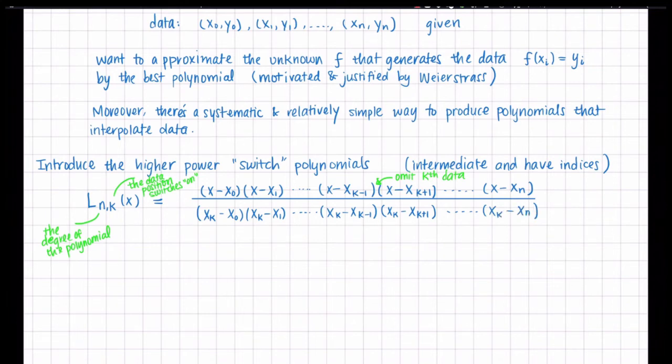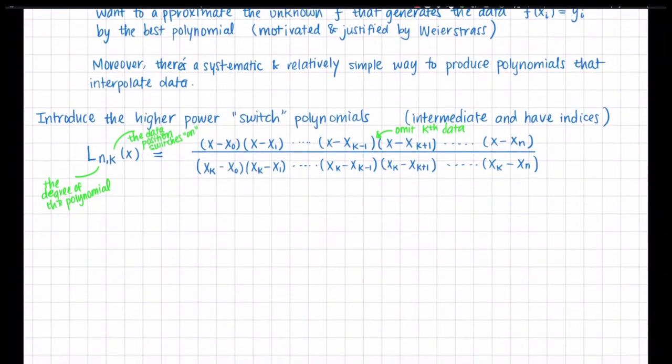And so what happened, since we omitted the kth data point, when we replace x with xk, we're going to get the same numerator and denominator, and we'll get 1. But if we introduce any other data value, one of these factors will be 0. So it switches on only at xk and switches off for every other data point.